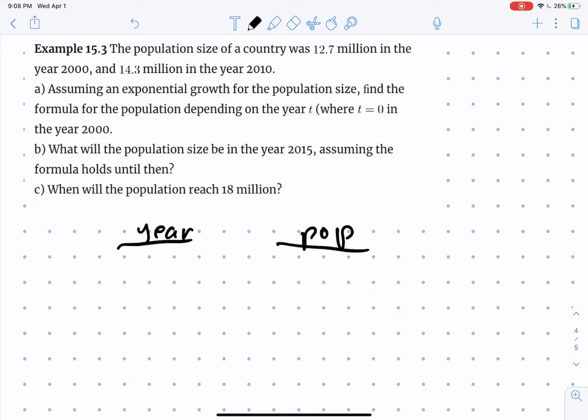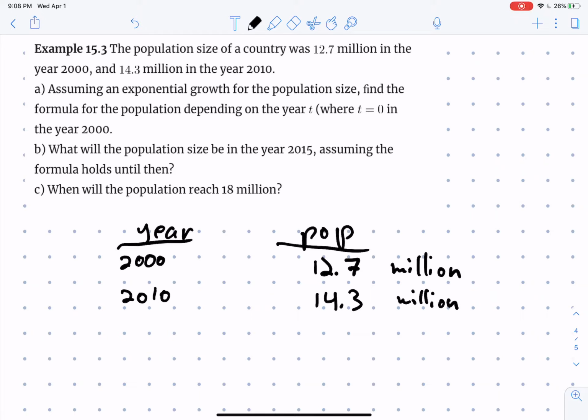The year is 2000, the population was 12.7, and I'm just going to keep that number as 12.7 and keep track of the units as being in millions of people. In the year 2010, the population was 14.3, also million.